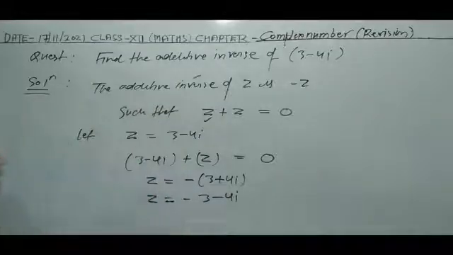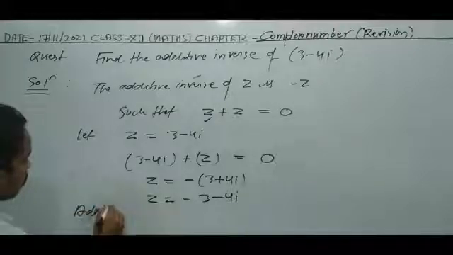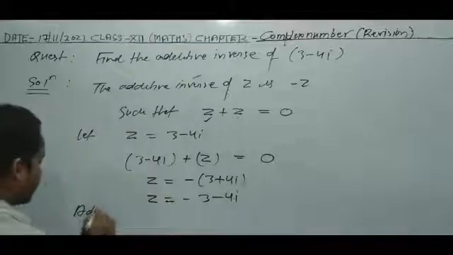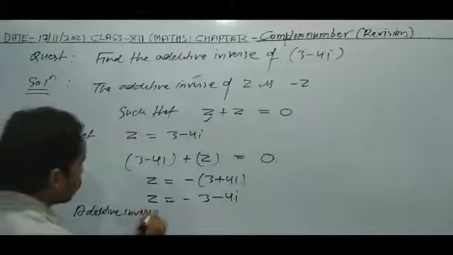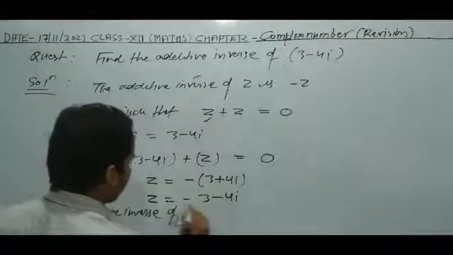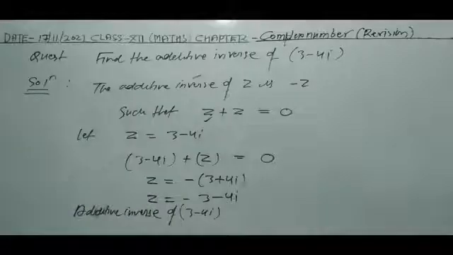This is the additive inverse of 3 minus 4i. Now this is the answer.